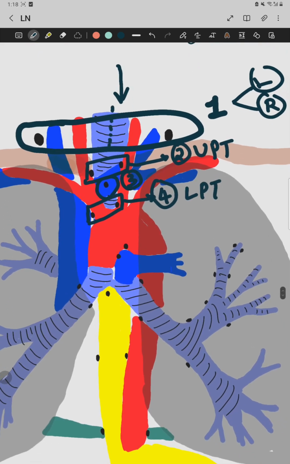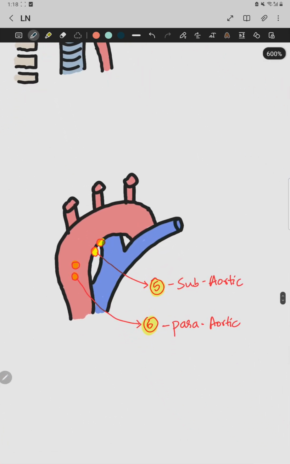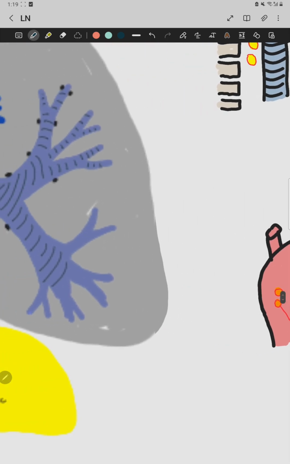Now next, going craniocaudally, this one is aortic. Aortic has 2 stations: station 5 is subaortic and station 6 is paraaortic. Subaortic is just below the aorta, paraaortic is near the ascending aorta. So that is station 5 and station 6.